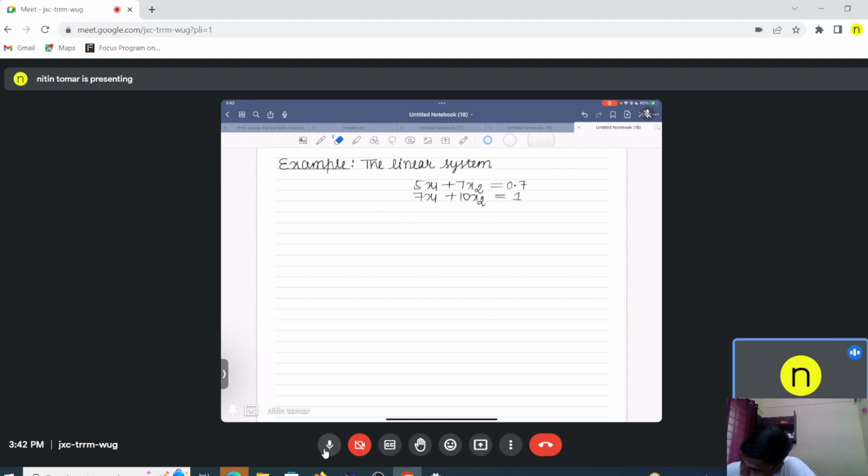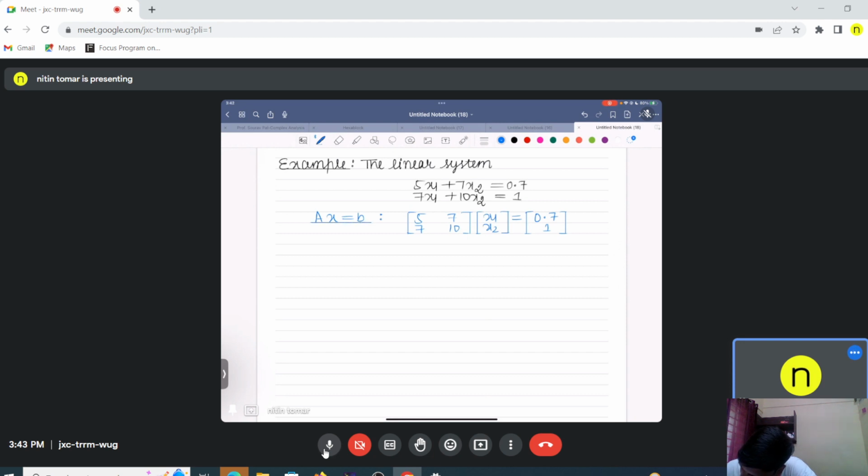Or maybe let us first convert it in the Ax equal to b framework. 5, 7, 7, 10, and here you will have x1, x2, and 0.7 and 1. Yeah, so this is Ax equal to b.